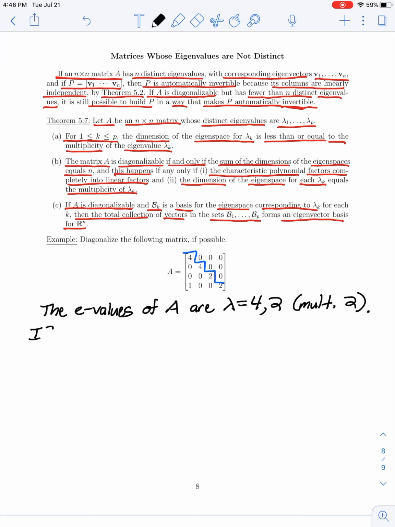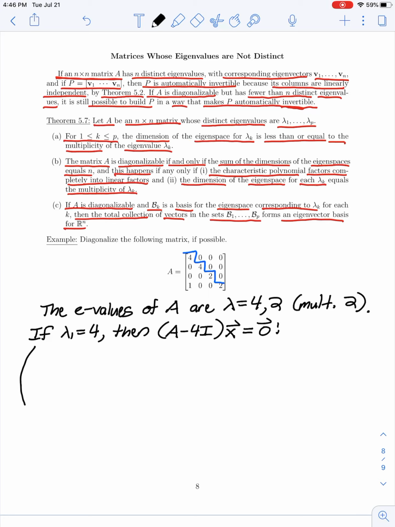So if we have our first eigenvalue, lambda 1 equals 4, then to find eigenvectors, we're considering the equation A minus lambda times I, so in this case A minus 4I, times some vector x is equal to the 0 vector.